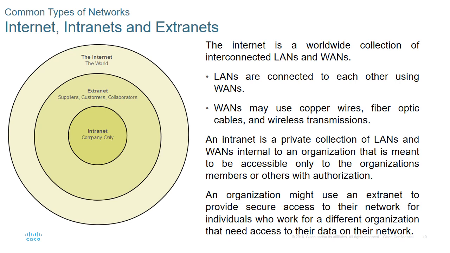I hope you understand. Intranet allows only the employees of that organization to access the network, whereas the extranet allows the employees of that organization as well as the employees of other organizations to access the network. So there is a major difference between the intranet and the extranet.